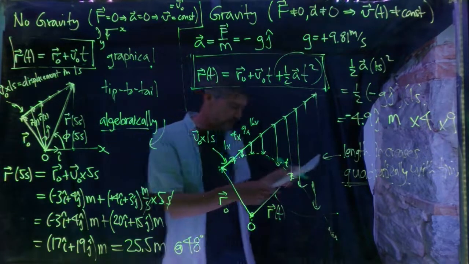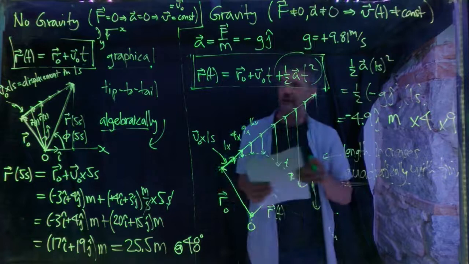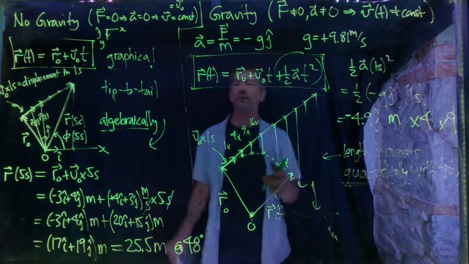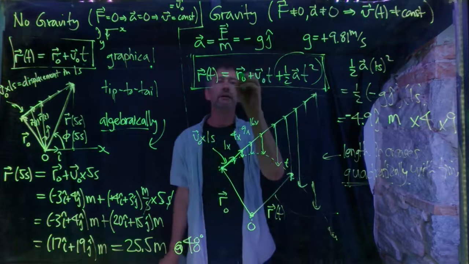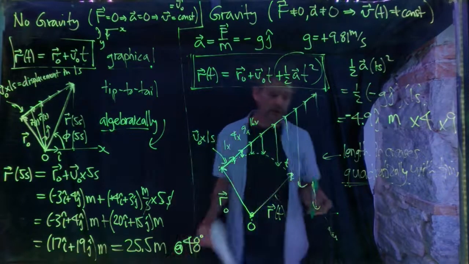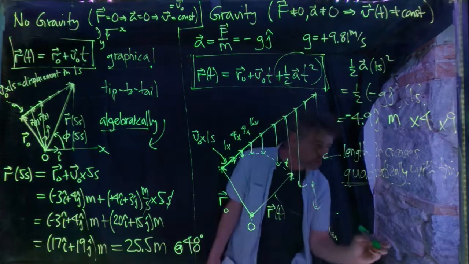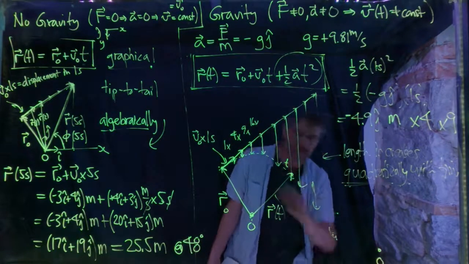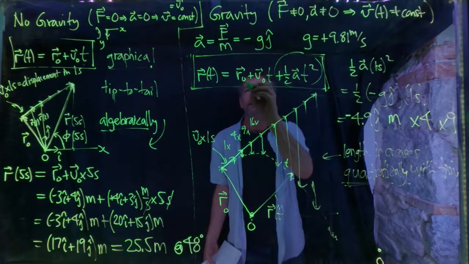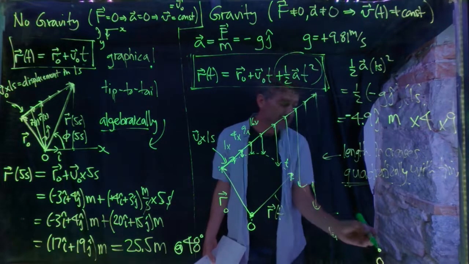Okay, what I want to do is draw a slightly different diagram. So at the end of the day, what you are doing to figure out the position under constant acceleration like gravity is you are adding, graphically, tip to tail, 3 vectors. So you start at the origin.